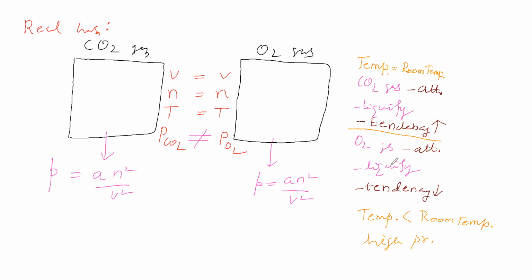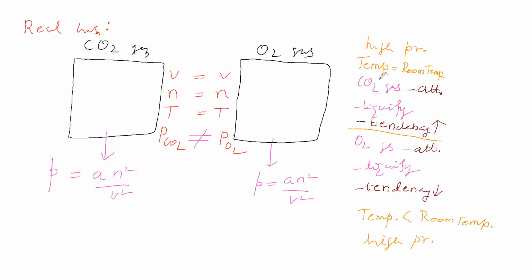Carbon dioxide gas will be taken at room temperature and higher pressure will be applied, then it will be liquefied. So oxygen gas can be liquefied only under certain conditions: first, it should be taken to a low temperature, then high pressure applied.